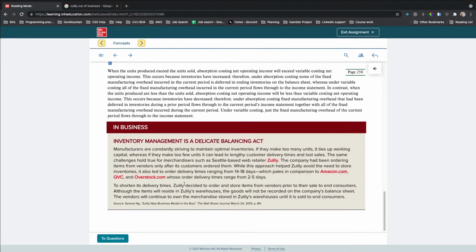To shorten its delivery times, Zulily decided to order and store items from vendors prior to their sale to end customers. The way I said that, prior to sale to end customers, they're gonna end you if you buy from them. That would be funny. The goods would not be recorded on company balance sheet. The vendors will continue to own the merchandise stored in Zulily's warehouses until sold to end customers.